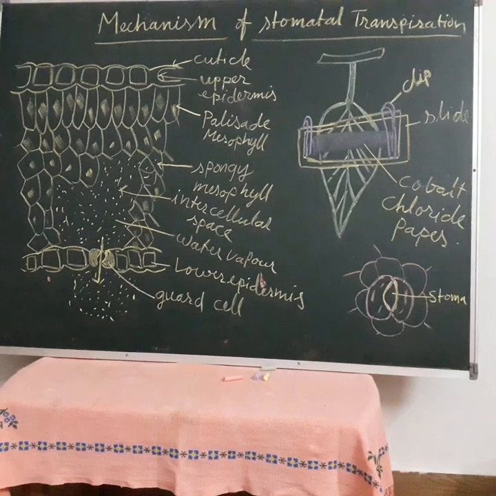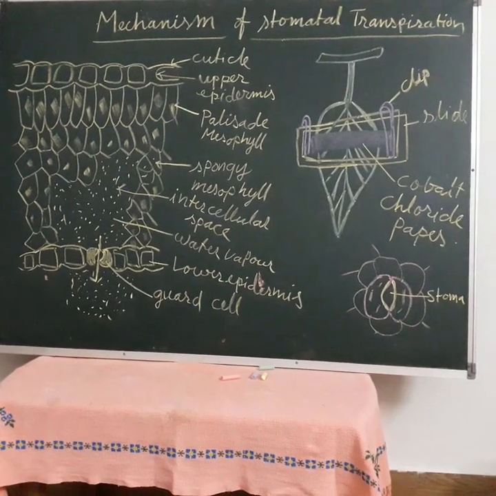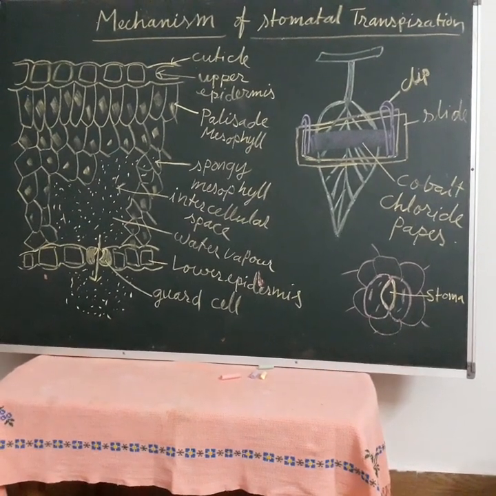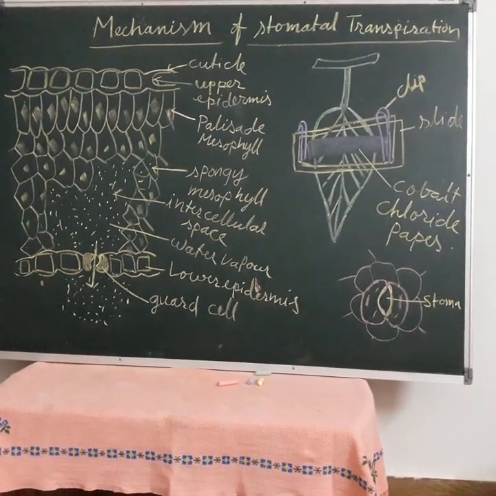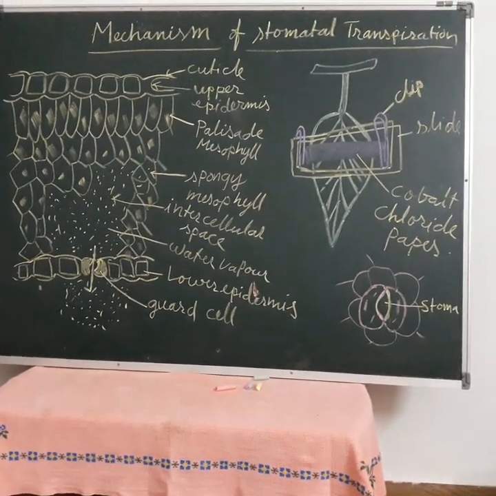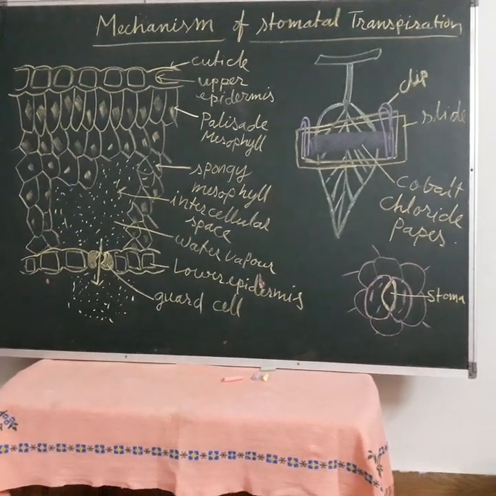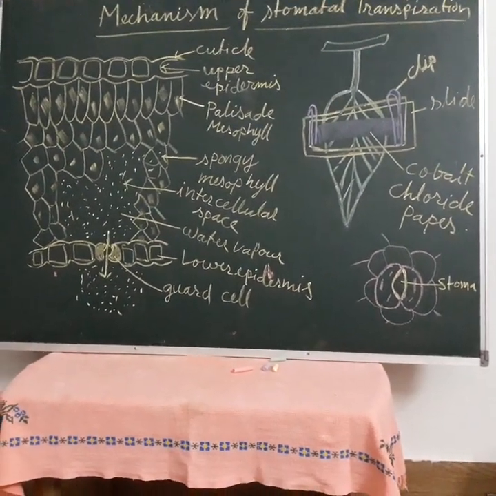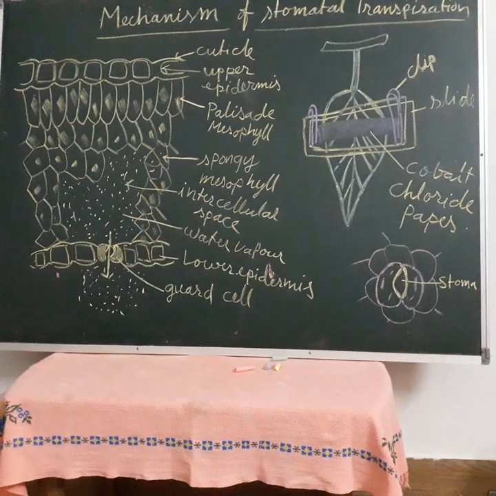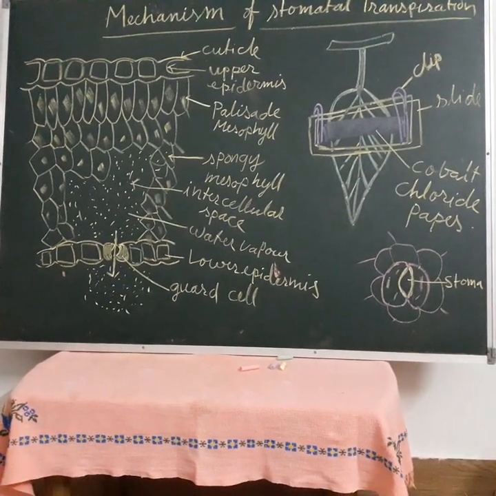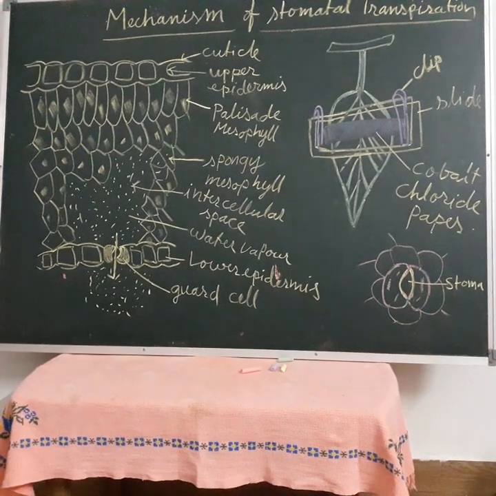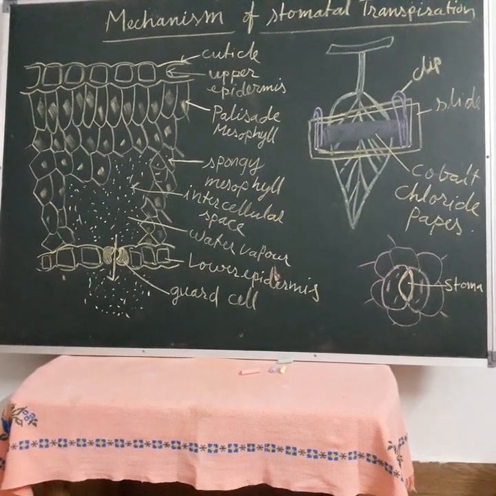You know that a leaf has two surfaces, one upper surface and the other the lower surface. Sometimes this statement will be given to you, and you will be asked to give a reason for it. And the reason is, since more stomatal openings are found on the lower surface of the leaf, more transpiration takes place from the lower surface of the leaf. This is the correct reason.